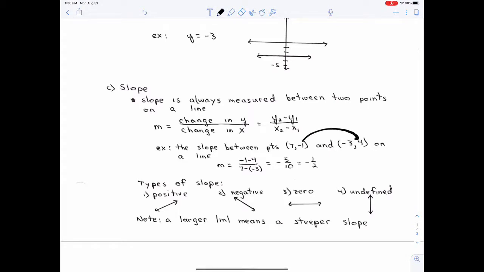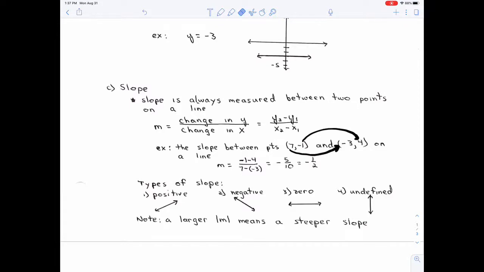You have to go the same direction. So it's -1 minus 4 all over 7 minus -3. It doesn't matter which point's first, but it's always got to be in the same direction. You can't take -1 minus 4 and then go -3 minus 7. So it's -1 minus 4 over 7 minus, sorry, I apologize, 7 minus a -3.